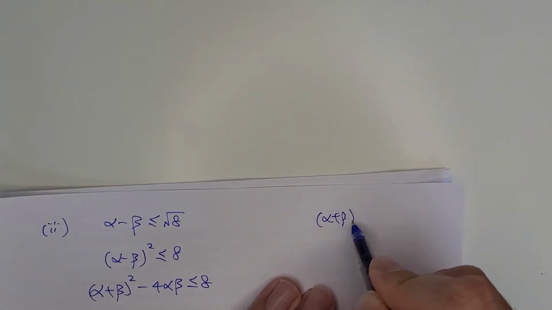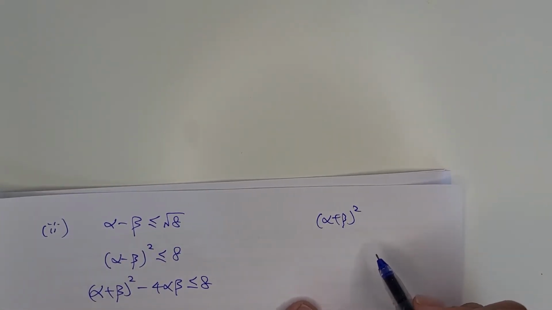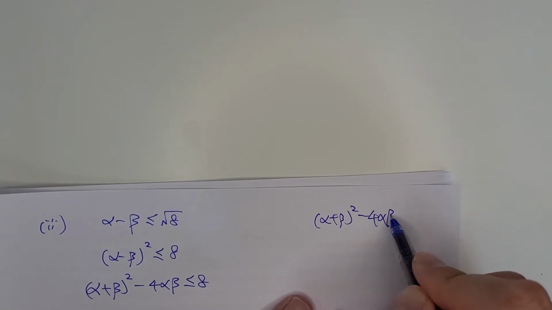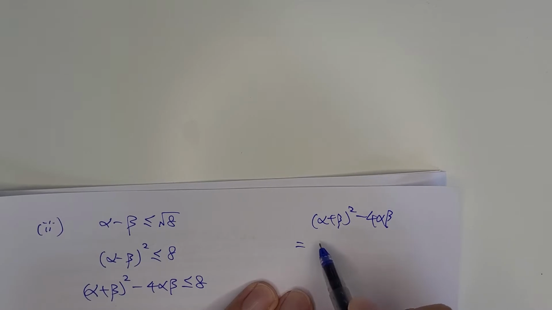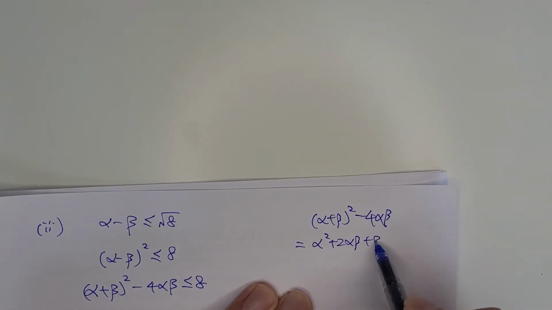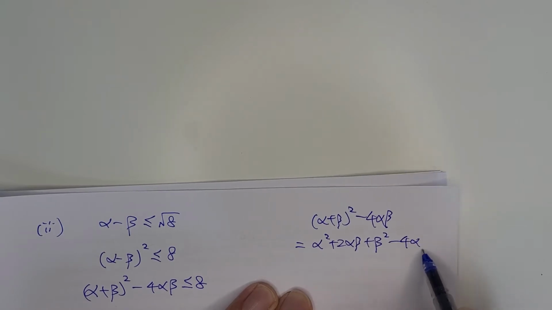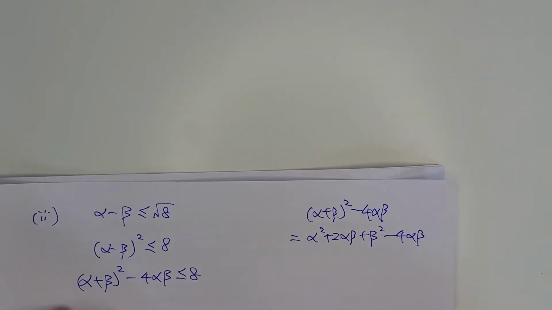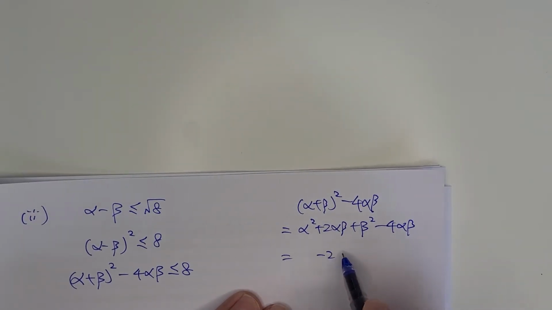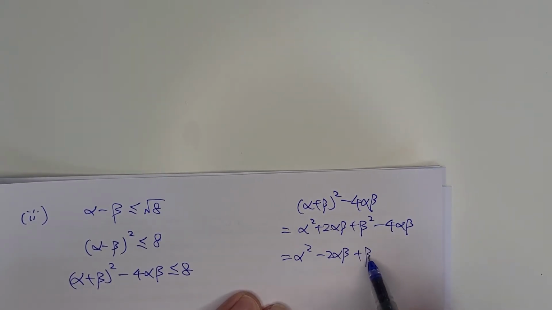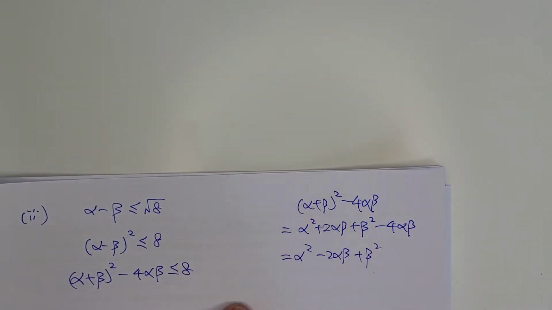We start from alpha plus beta bracket square minus 4 alpha beta. When you expand this, it becomes alpha square plus 2 alpha beta plus beta square minus 4 alpha beta. Plus 2 alpha beta minus 4 alpha beta, that is minus 2 alpha beta, and alpha square plus beta square in these two positions.